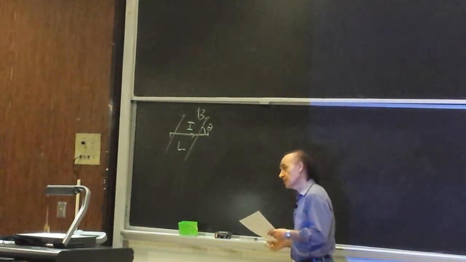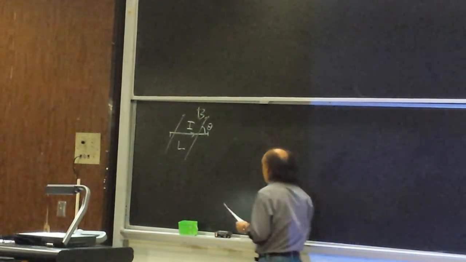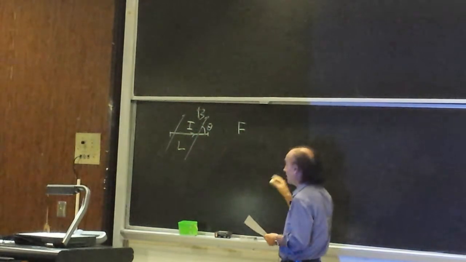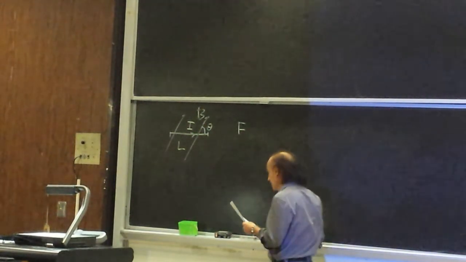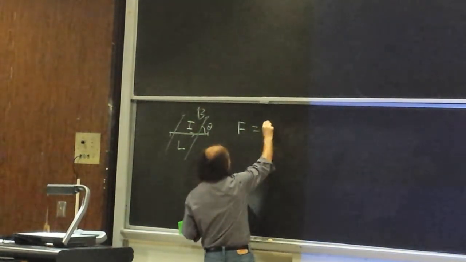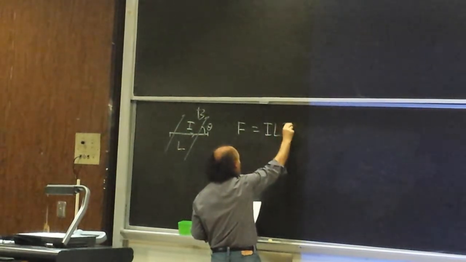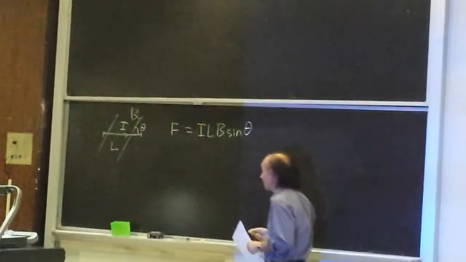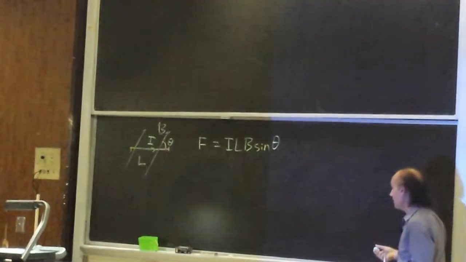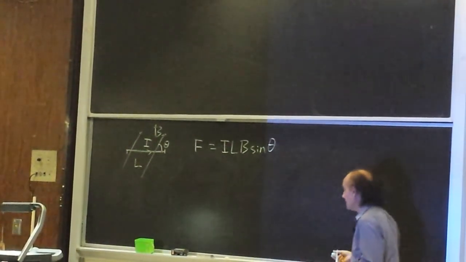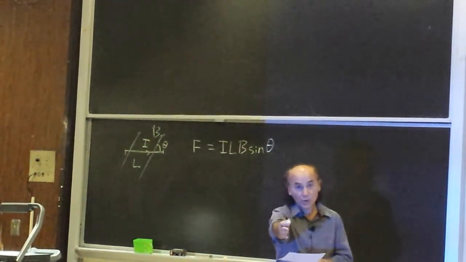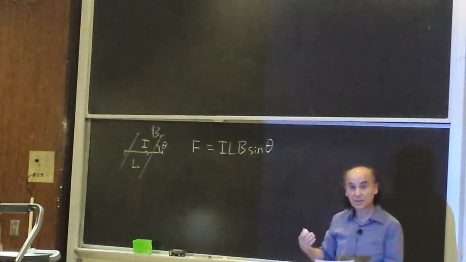So it's a very similar expression for the magnetic force. This force acted by the field on this current is ILB, and again, sine of the angle between the magnetic field and the current. So, as in the case of a charge, if the charge is moving along the B vector or exactly the opposite direction, then the force is zero.